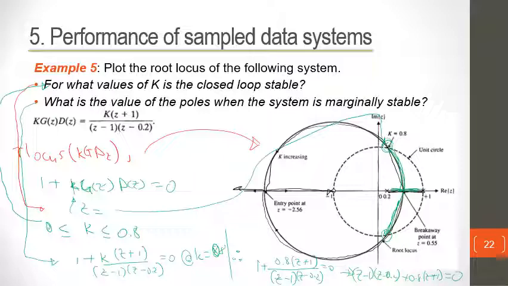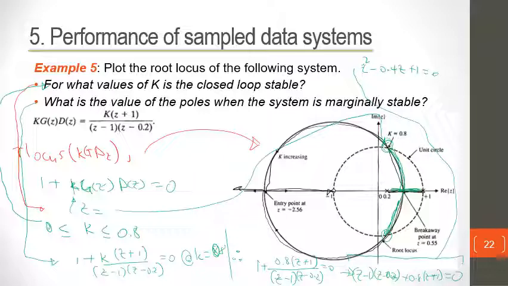So can you solve this for the value of z? Yes, you can. If you take this and let's finish it off here, you will have z squared minus 0.4z plus 1 is equal to 0.